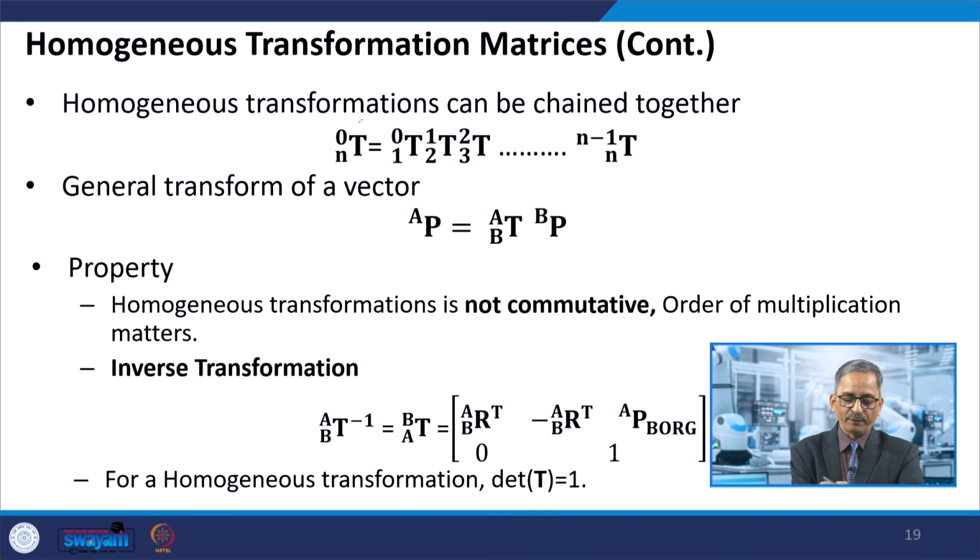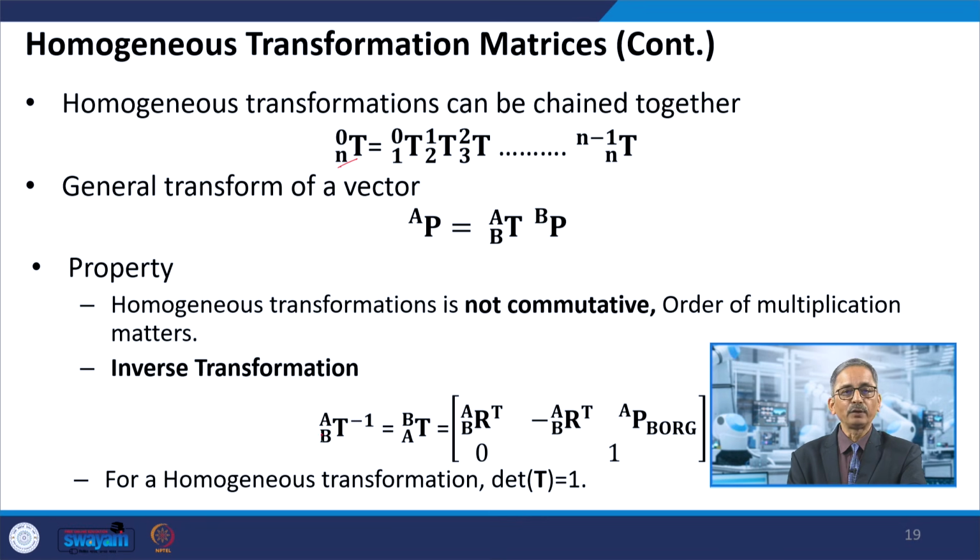If you want to represent frame n with respect to frame 0, then n could be represented with respect to frame n minus 1 and so on, with the transformation matrix for 2 with respect to 1 and 1 with respect to 0. This homogeneous transformation is not commutative; the order of multiplication does matter.